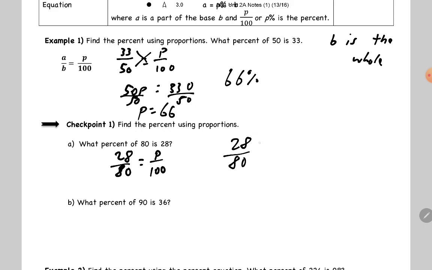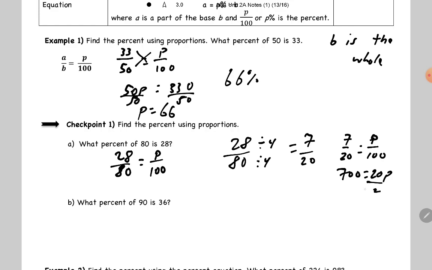I'm going to try dividing by 4 first. 28 divided by 4 is 7, and 80 divided by 4 is 20. Now I have something easier to work with. My new problem is 7 over 20 equals P over 100. So I have 700 equals 20p. Divide by 20 and get P equals 35%.